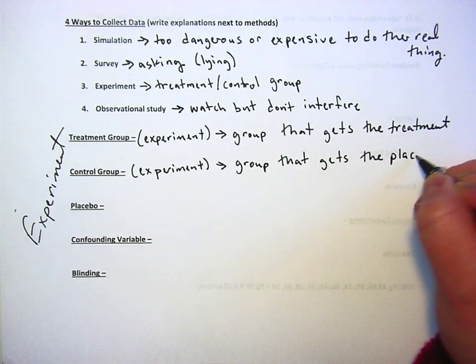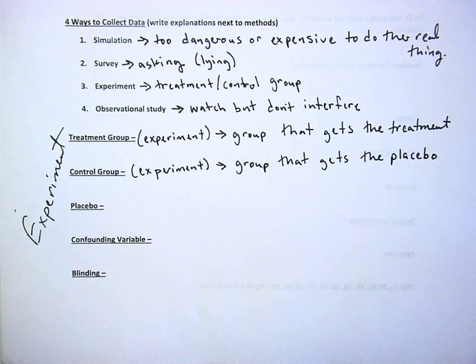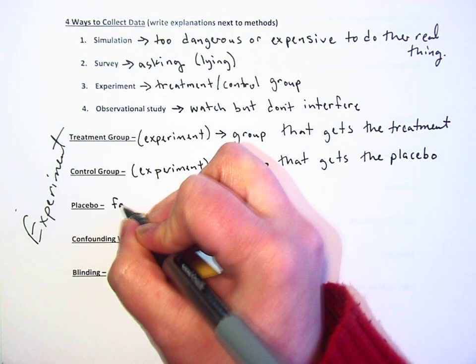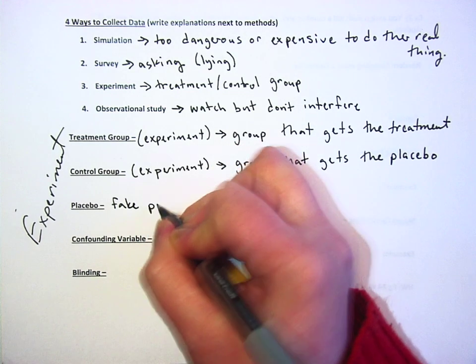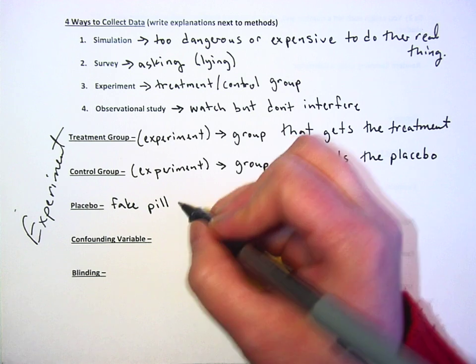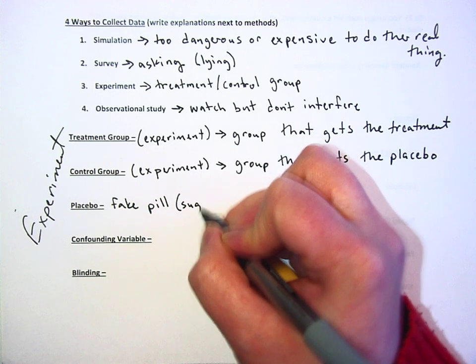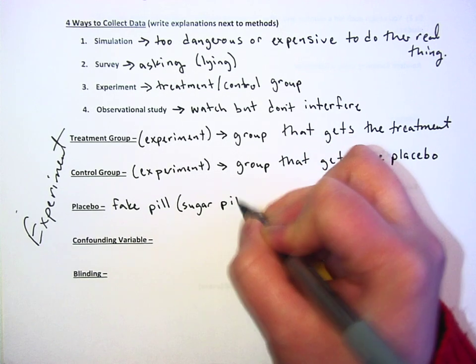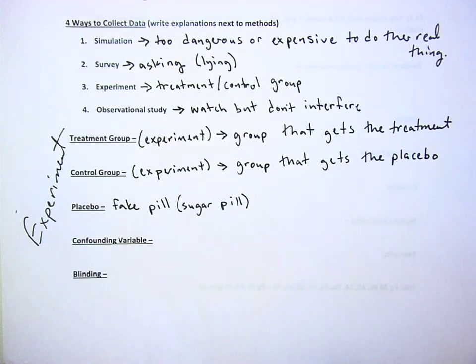It's important to have a control group when you're running an experiment because there's something called the placebo effect. A placebo is a fake pill or a sugar pill that makes people think they're getting a treatment when they're not necessarily.